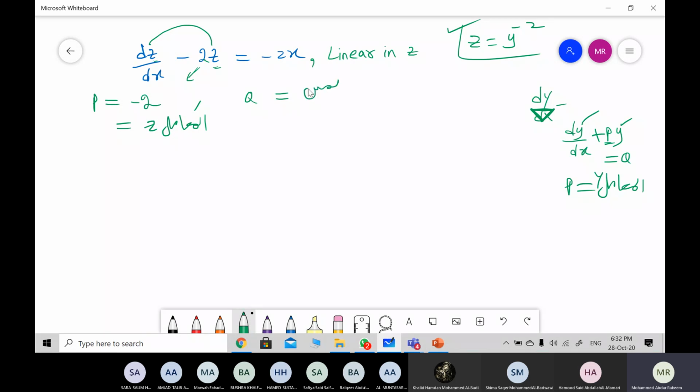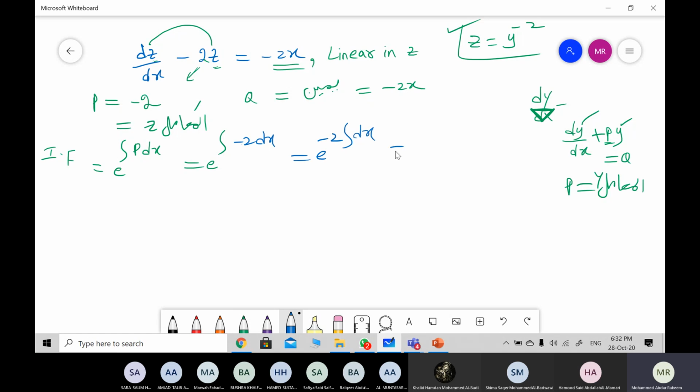Q is how much? Minus 2x. IF how much? e to the integral P dx. So what should we write? P is minus 2, so minus 2 dx. Minus 2 kicks out as a constant. Integral dx is x.